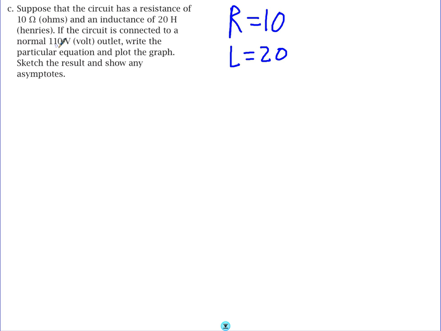I thought that outlets were 120 volts. I don't know. So that means if it's connected to voltage, volts are the unit of voltage, so we know then that E is equal to 110. Write the particular equation and plot the graph. Sketch the result and show any asymptotes. So recall from before, we had this.